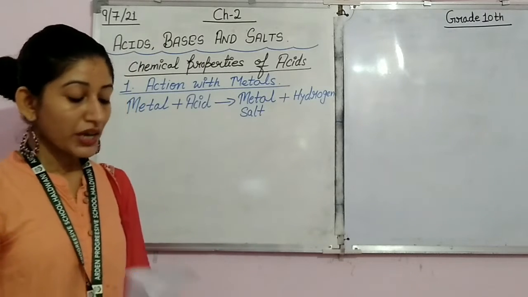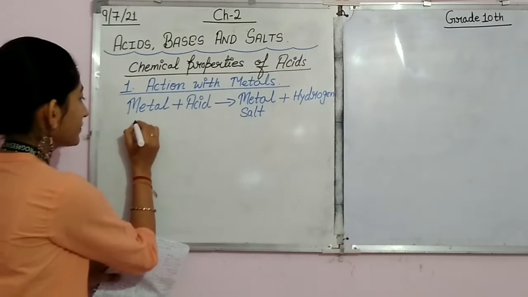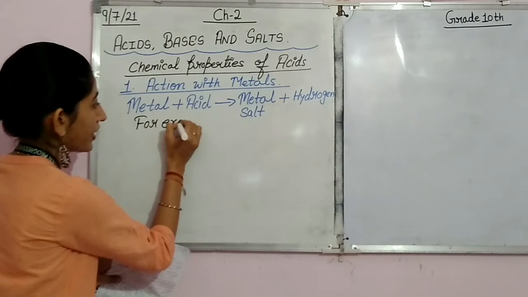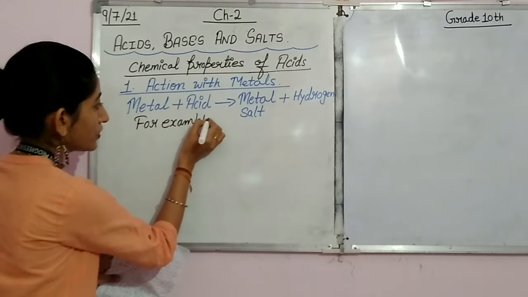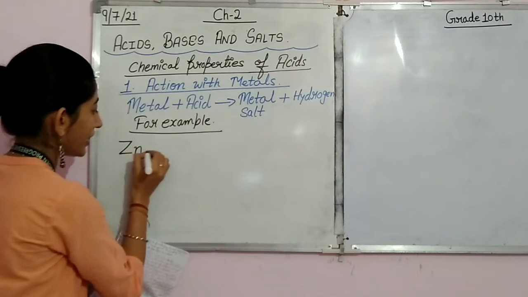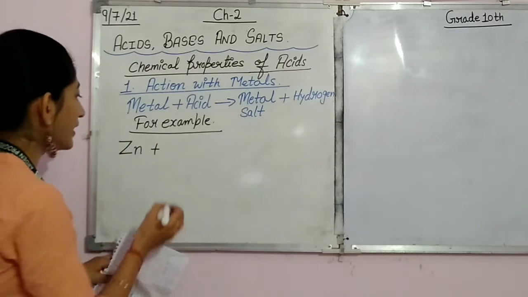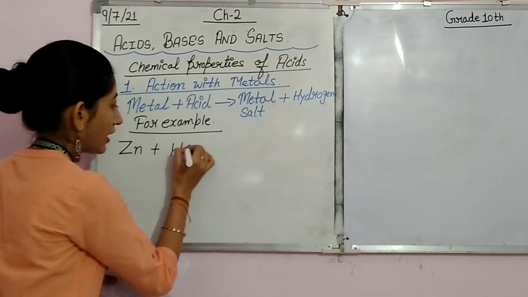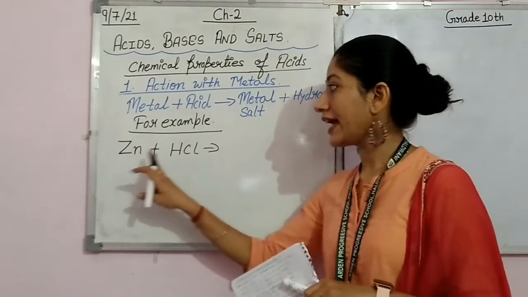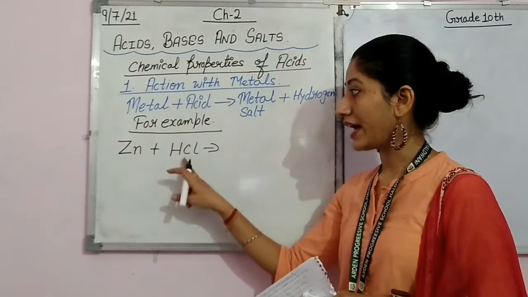Let's see how. Suppose, for example, we are taking the metal zinc. We have taken zinc and we are reacting zinc with HCl. As you all know, HCl is an acid and zinc is a metal, and as I said, metal reacts with acid.